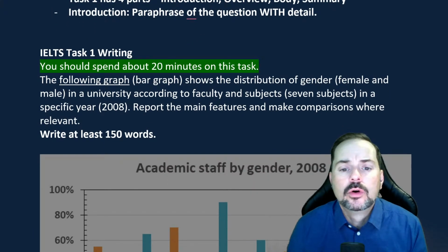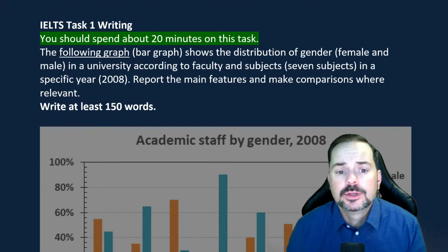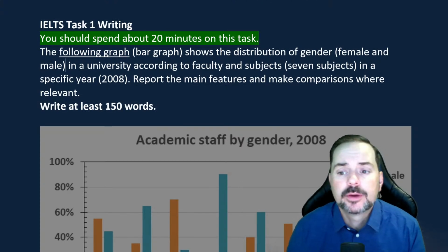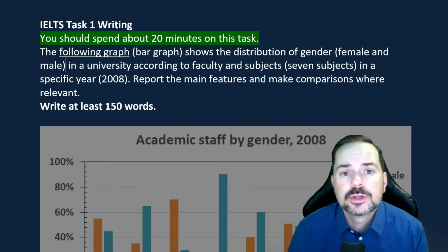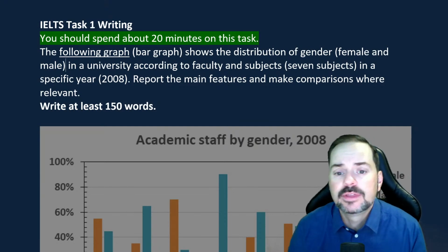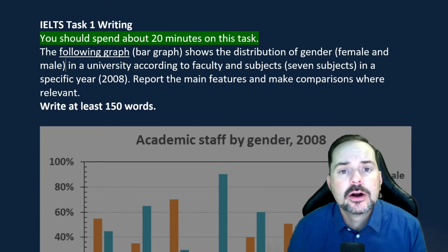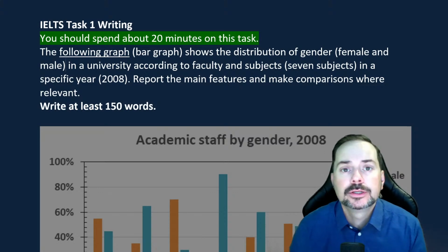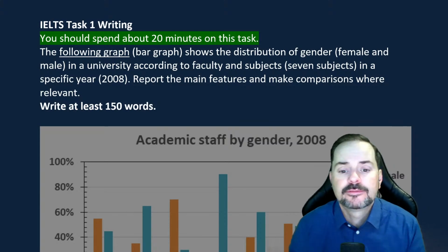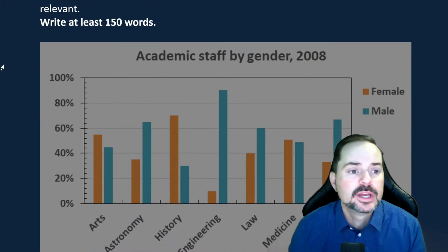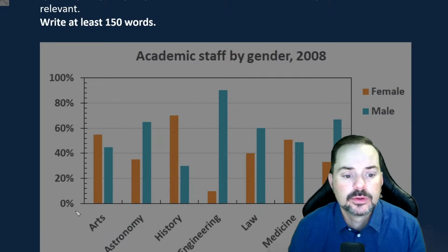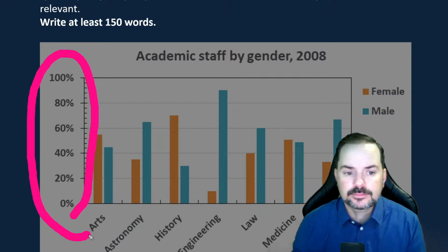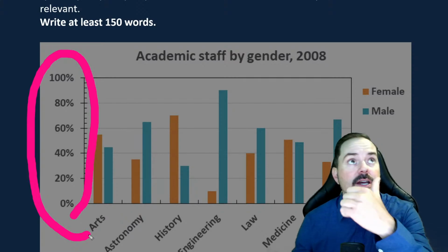All right, so we have a lot more detail. We know that it's a bar graph. We know that we're looking at females and males. We know that we're looking at 7 subjects. We know that we're looking at the year 2008. So now I can paraphrase this question with greater detail from the graph. By the way, we want to make sure that we look at the y-axis here.